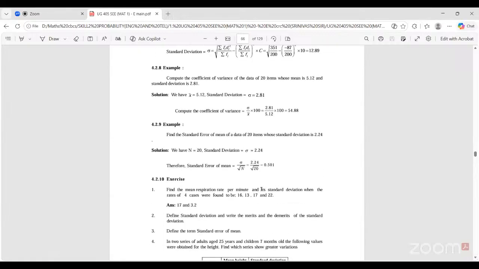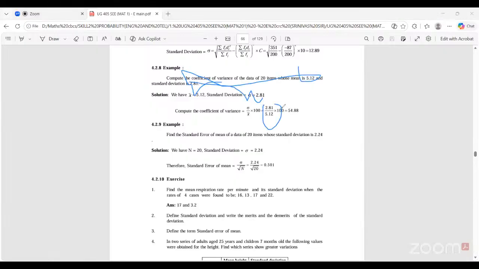So another one, compute the coefficient of variation of the data of the 20 items whose mean 5.12 and standard deviation 2.81. 5.12 is the one and 2.81 is another one.